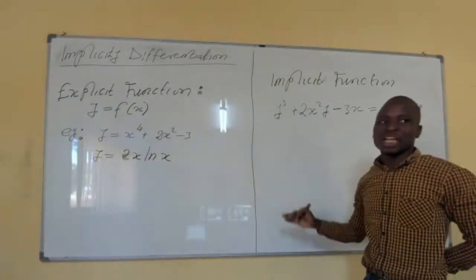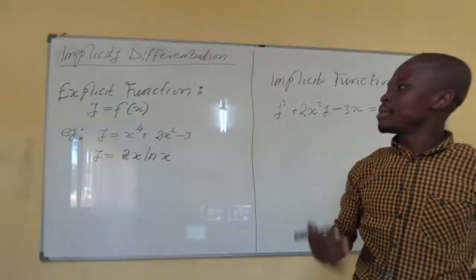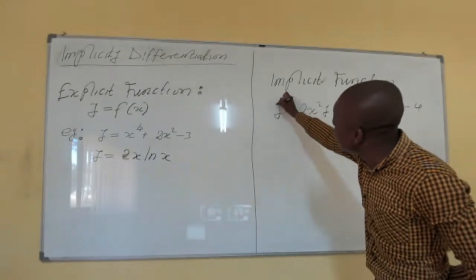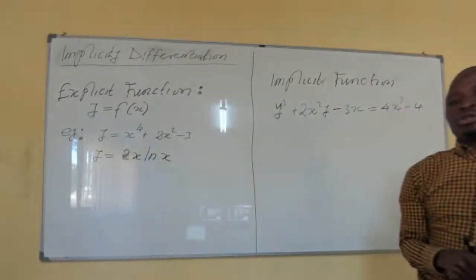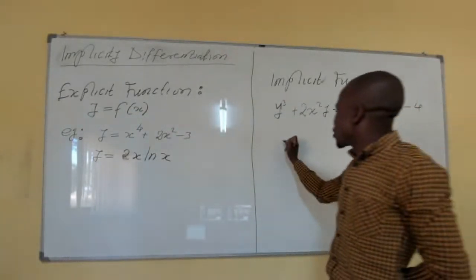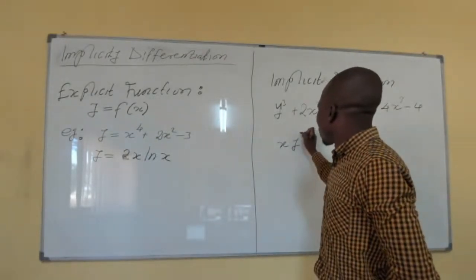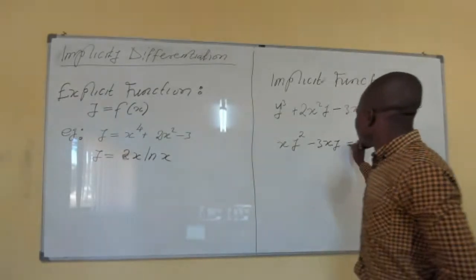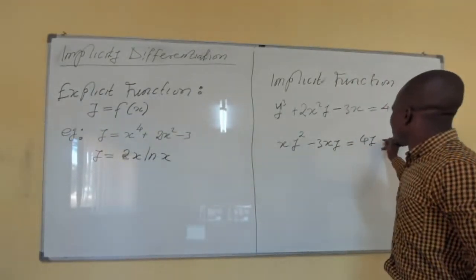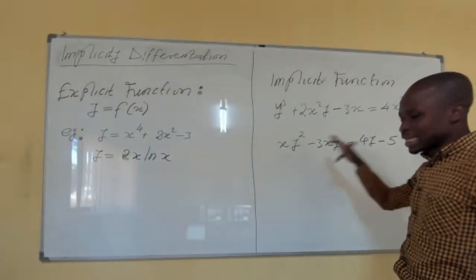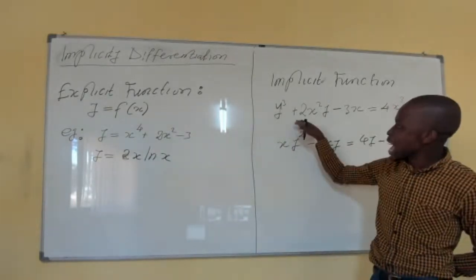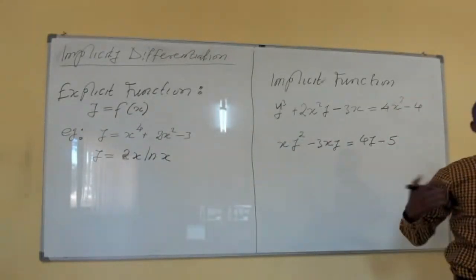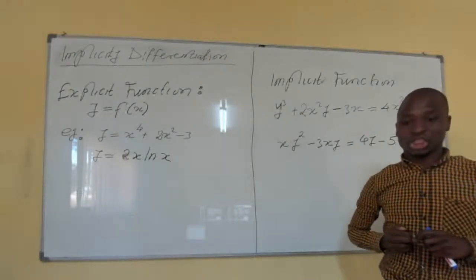If I ask you to solve for y in this equation, it will be so difficult. Another example is x y squared minus 3x y is equal to 4y minus 5. All these are examples of implicit functions.